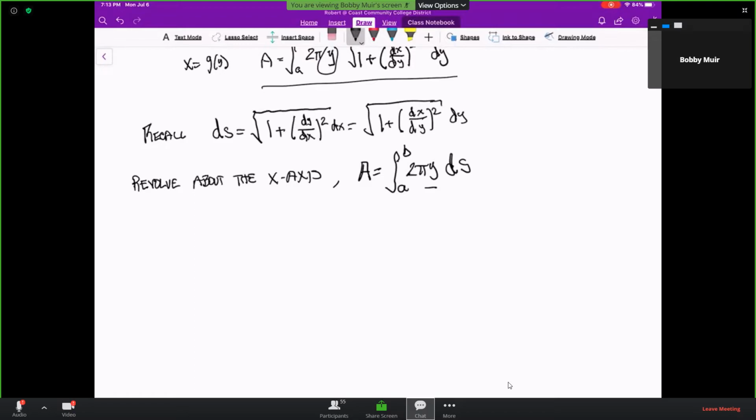Then if you revolve about the y-axis, well, once again, our area is now going to be this c to d thing. The 2 pi x is the thing that stays fixed. And now you have the ds, where you can choose either one of these two forms. Okay.